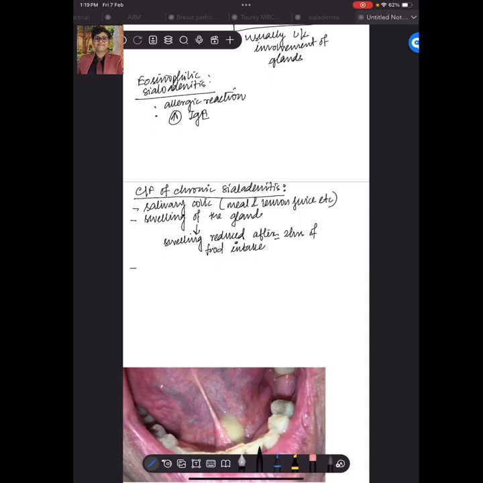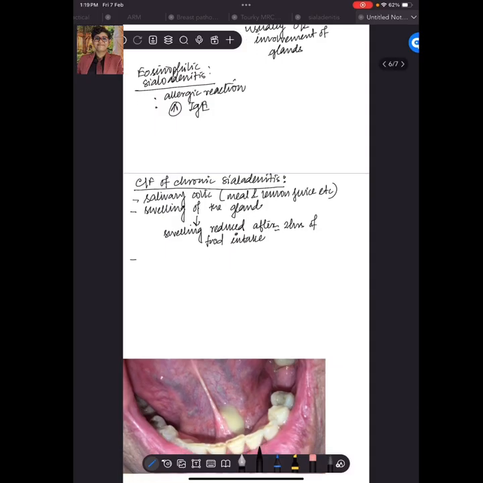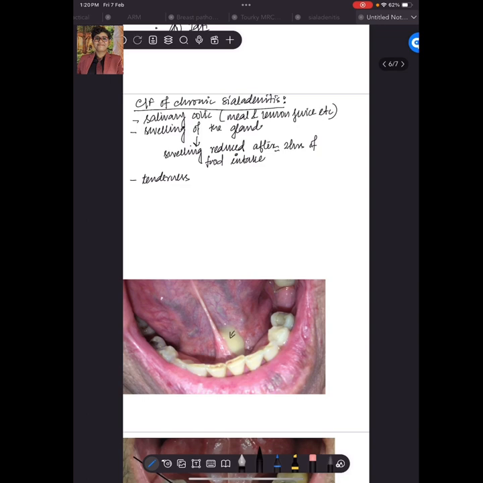When there is food inside the mouth, the secretion will be increased, that will lead to swelling of the gland and also more pain. But when we are done with the eating, the pain and the swelling will be reduced, because the amount of secretion will be less after around 2 hours. Now there will be tenderness of the swelling, and another important point is that we might see some secretion like pus may be seen.